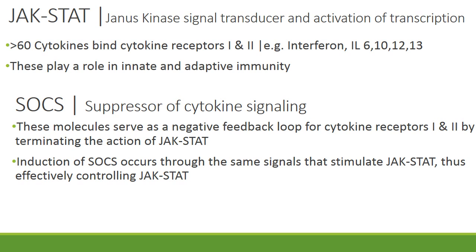JAK-STAT is a surface receptor. It binds to more than 60 different kinds of cytokines, and there is a dimerization of the receptor, basically type 1 and type 2, and these play a role in innate and adaptive immunity. Once the receptor gets activated, then there is a signal transducer and an activation of transcription. So in the end, there is production of proteins.